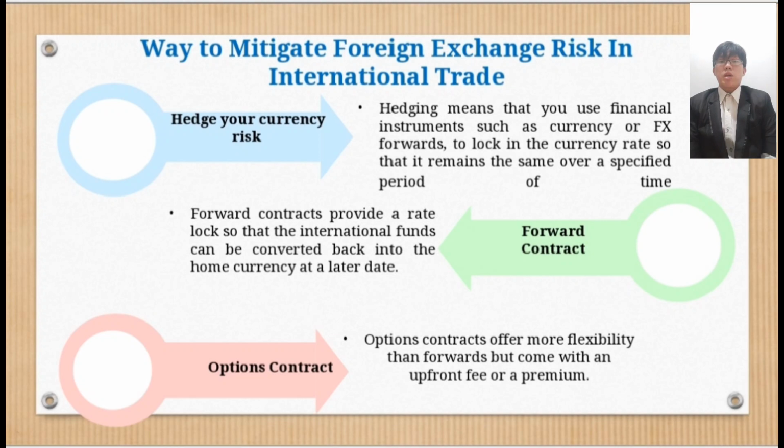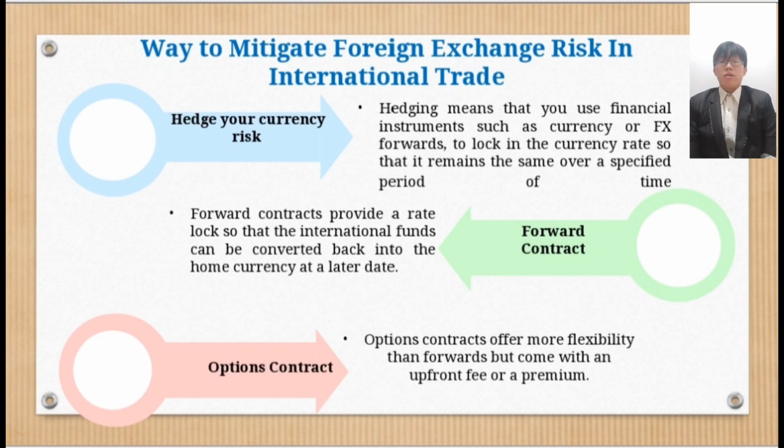A forward contract can be customized by amount and date as long as the settlement date is a working business day in both countries. A forward contract can be used for hedging purposes and enables an investor to lock in a specific currency exchange rate.